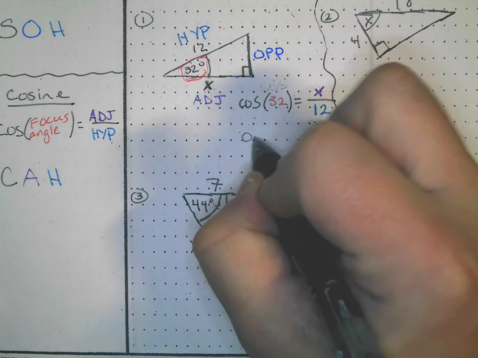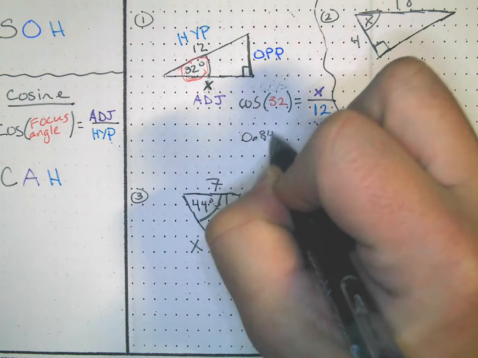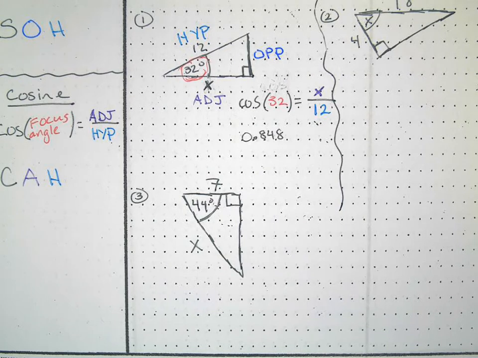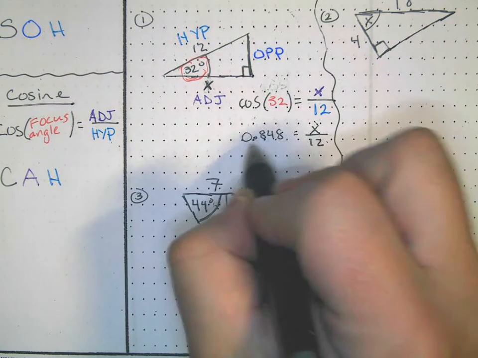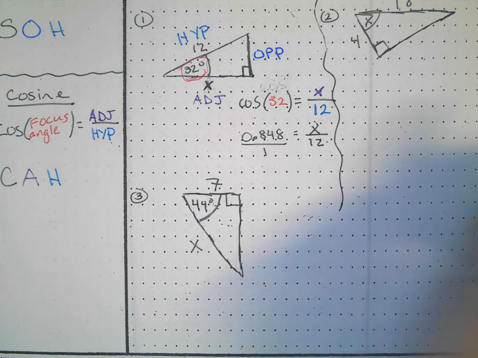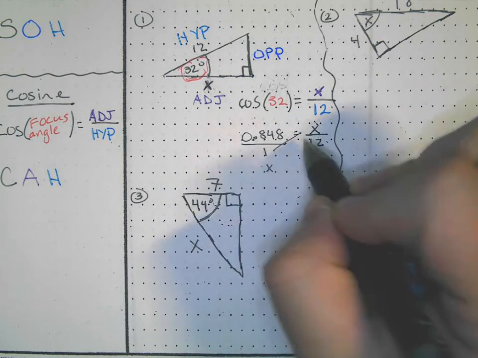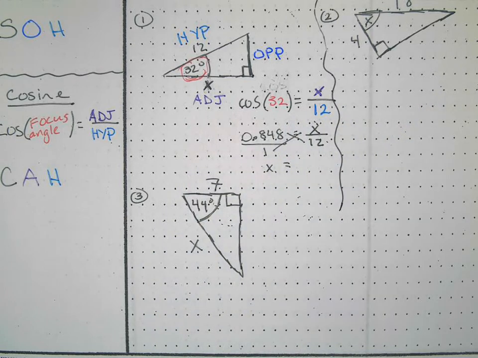So cosine 32 is 0.848, and that is equal to x over 12. Now I just am cross multiplying, so 1 times x is x, and then 12 times 0.848 is equal to 10.2, like so.